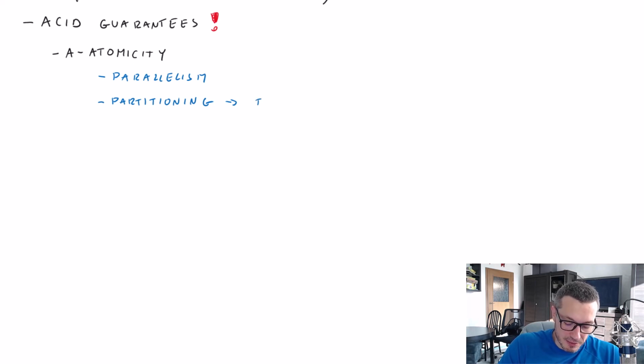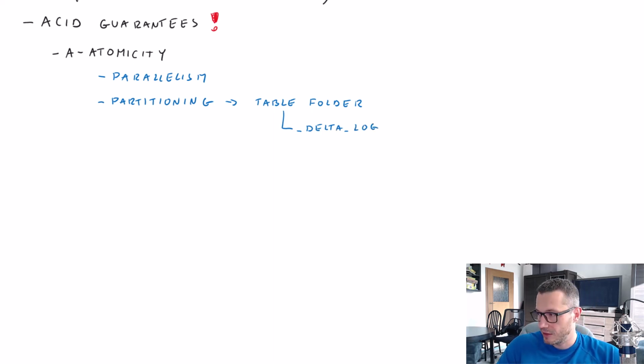Let me call it some table folder, inside which we would have, first of all, our delta log. So this is this transaction log. And then we might want to explicitly partition our data, so physically split it into multiple directories based on some column.